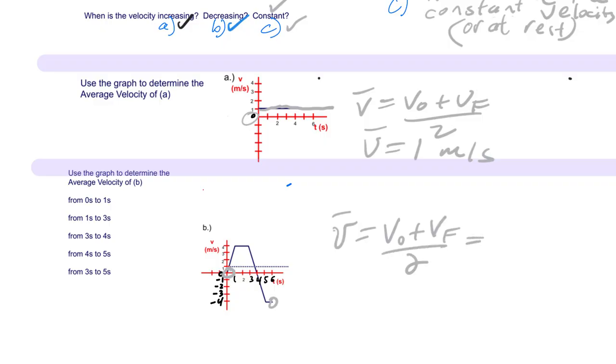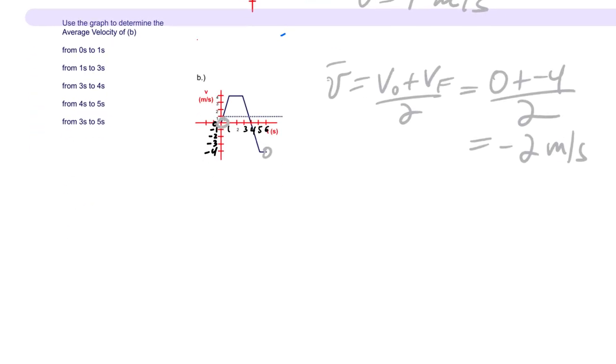So VO is 0. And VF is negative 4. So I'm going to divide that by 2. You get negative 2 meters per second. Pretty easy.